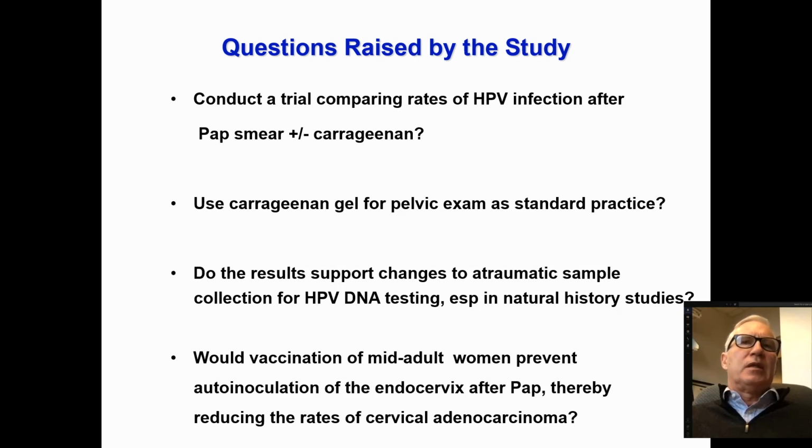And should we be doing this more by atraumatic mechanisms for HPV DNA testing? And in terms of public health, is this another reason why we should be going to DNA testing, for instance collected by self-sampling, rather than scraping the cervix every time we want to determine if somebody's infected?